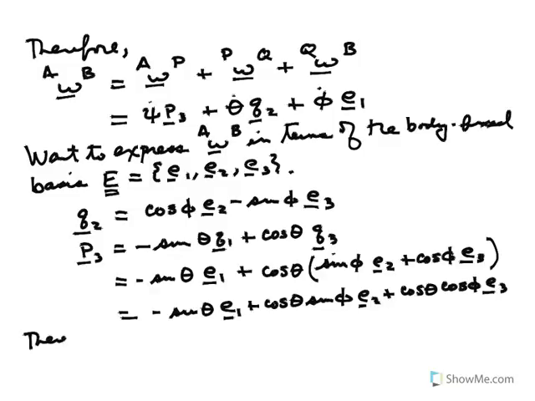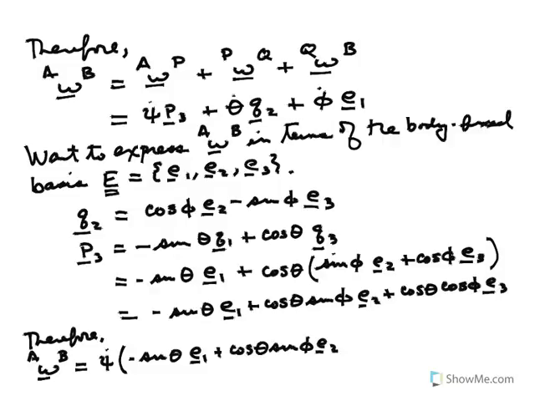Therefore, omega BA, expressed in this body fixed basis, is going to equal psi dot times P3. P3 is minus the sine of theta times E1 plus the cosine of theta times the sine of phi times E2 plus the cosine of theta times the cosine of phi times E3.